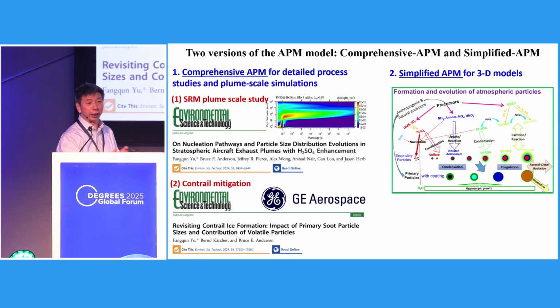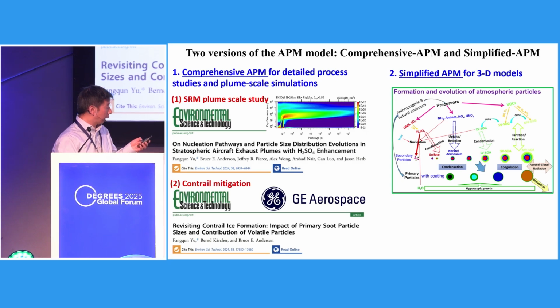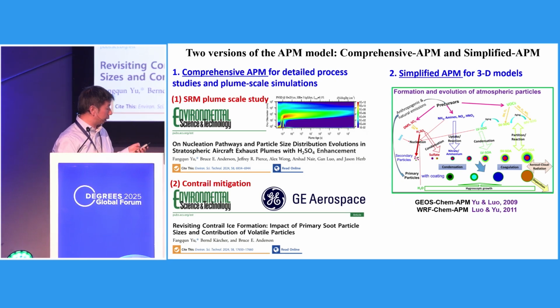All have different sections and different size ranges. And we consider the detailed microphysics: nucleation, condensation, coagulation, aerosol interaction, and also deposition. In this interaction, we also consider coating of the primary particles due to the condensation and coagulation processes.